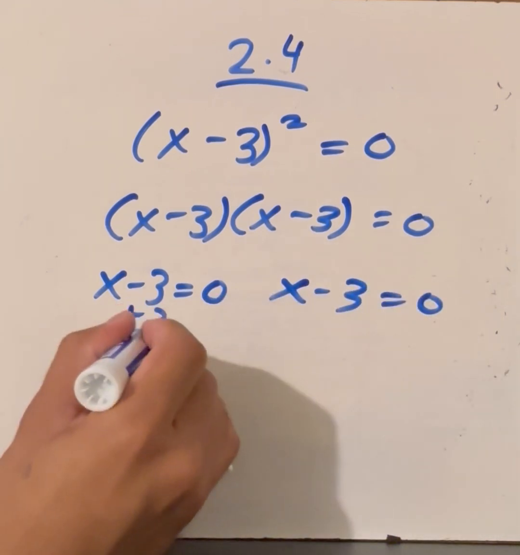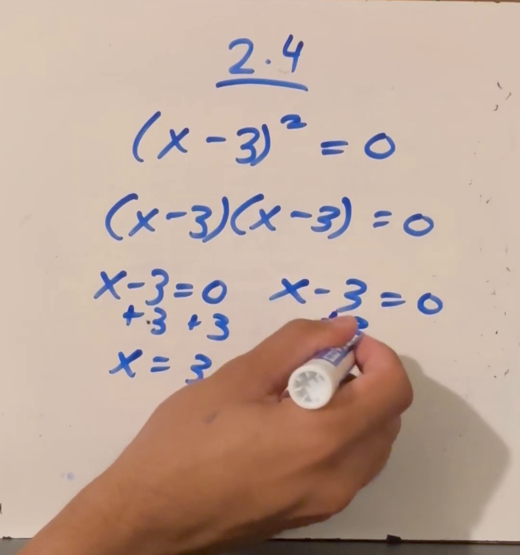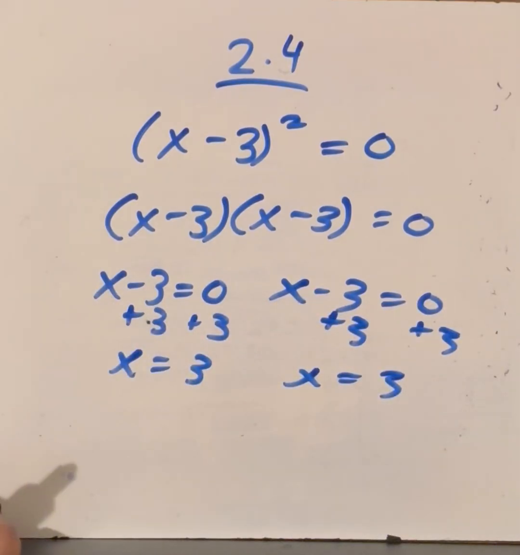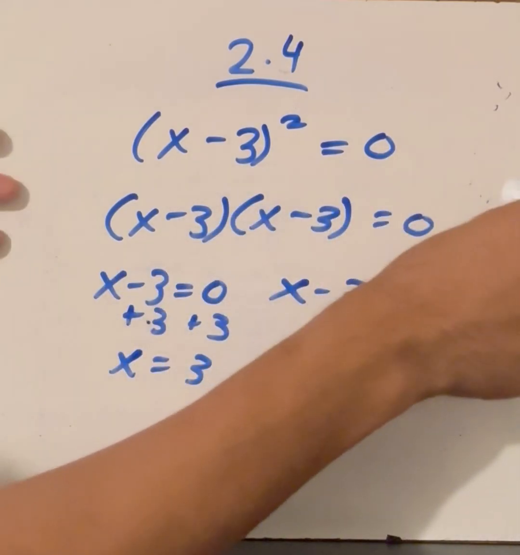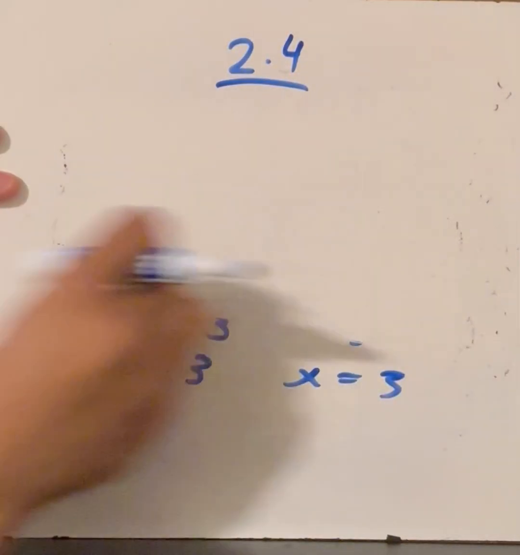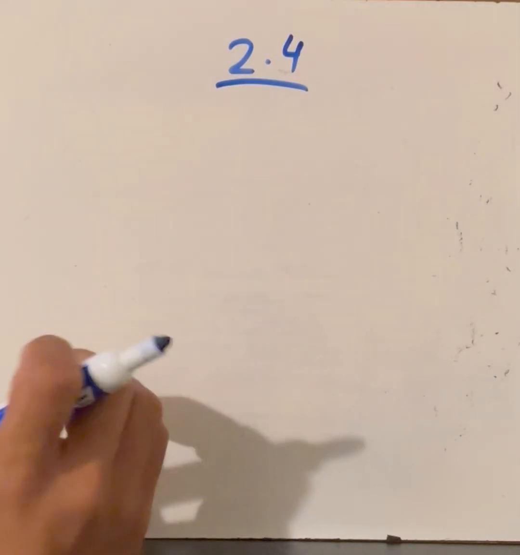You will add 3 to both sides. We get x equals 3. Add 3. You get x equals 3. Okay, so this concept's pretty easy. Whether you have 2 things or 3 things, it's all the same. Okay, so let's take a look at something else.